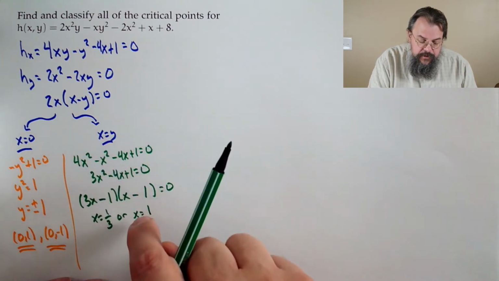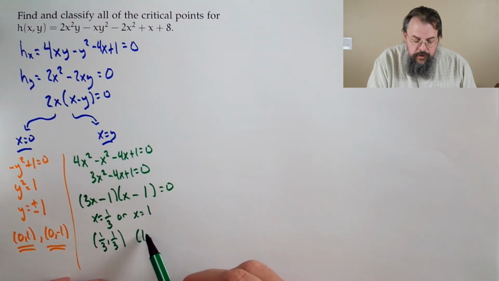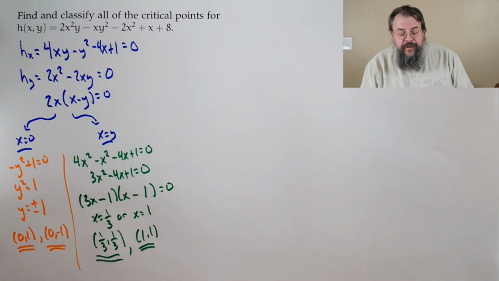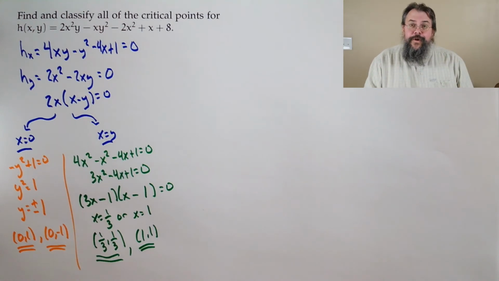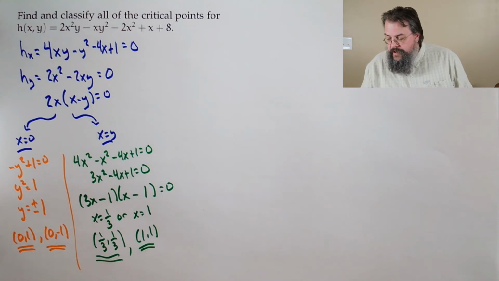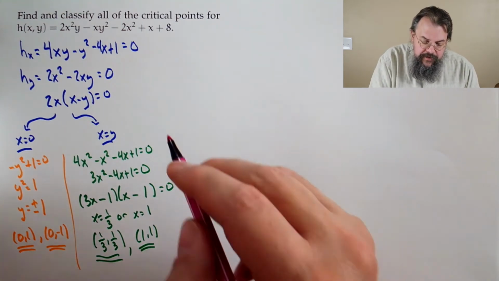Okay, but remember x equals y, so that gets to the points 1/3, 1/3, and 1, 1. Perfect. So there are 4 critical points. And we're done with the find. Transitioning smoothly, we're going to go right into looking for classifying.